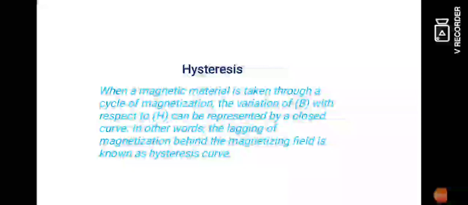Actually, hysteresis takes place during the magnetization process. So what is the magnetization process? We know the ferromagnetic materials will be easily magnetized. That is the process of converting an ordinary ferromagnetic material into a magnet, which is called the magnetization process.